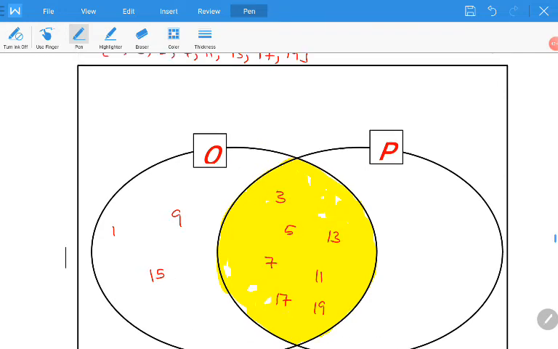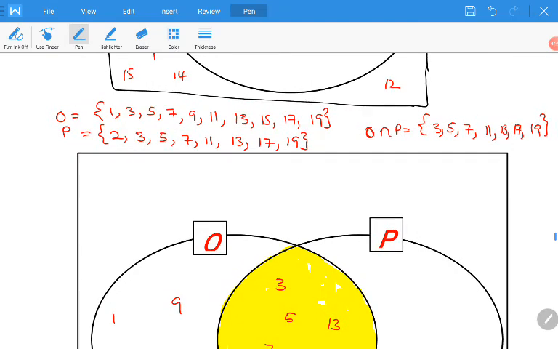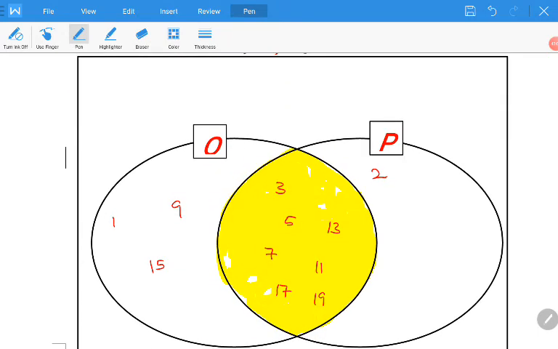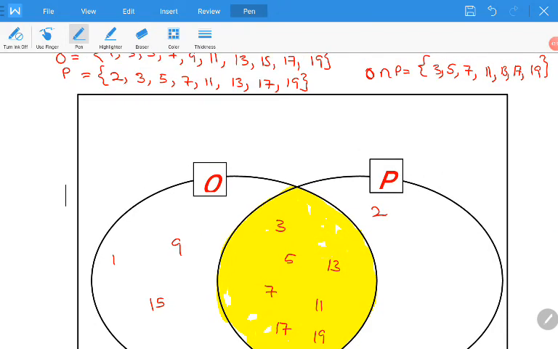So other prime numbers which are not in the intersection, we have 2. 3 is here, 5 is here, 7 is here, 11 is here, 13 is here, 17 is here, 19 is here. So we only have 2. So the rest of the elements fall outside these 2 cells, but in the universal set.